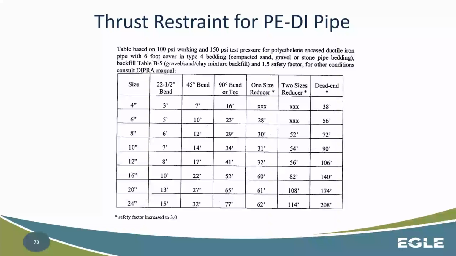What I will say, especially in this modern era, they also have an online thrust block calculator. It's actually pretty cool. I highly recommend checking it out. Go on the DIPRA website and look up thrust block calculator. You can set it to a bunch of different conditions, sizes, dimensions and fittings, and it'll give you the result and a little diagram as well. It's actually pretty neat if you like that stuff.